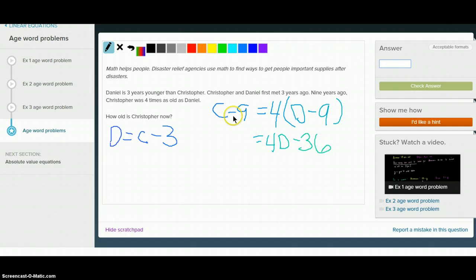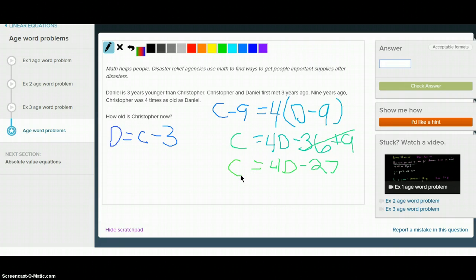And then we're going to get rid of this 9 over here, so we're going to add 9 to both sides. And we're going to be left with Christopher's age over here. And negative 36 plus 9 is equal to negative 27. Okay, so let's just rewrite that.